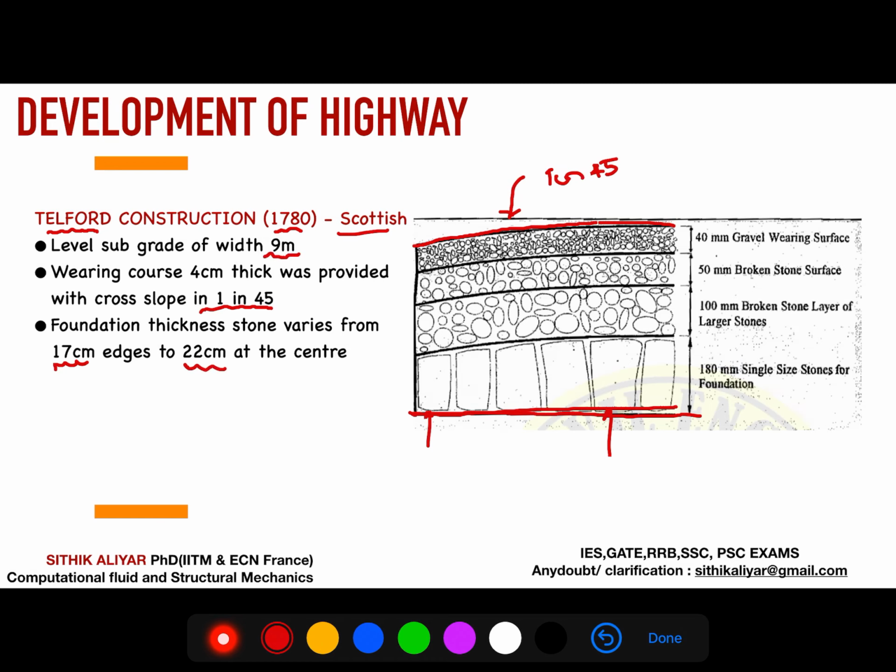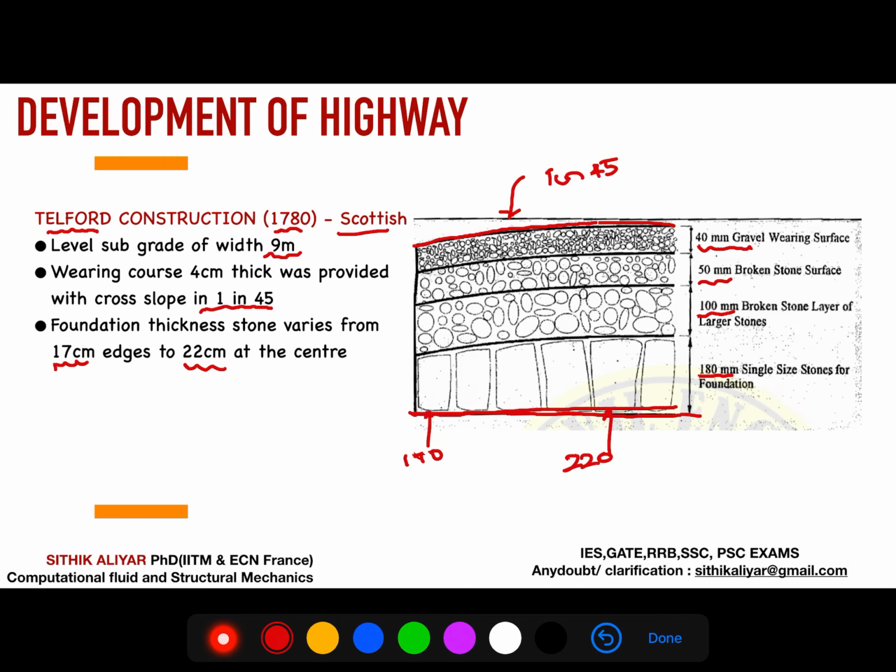He introduced a layer of aggregates: first 40 mm, second 50 mm, third 100 mm, and 180 mm, and this 180 mm is on average 17 centimeters, like 170 at the edges and 220 at the center. Although he maintained the same gradient suggested by Trésaguet, so this is the Telford construction.